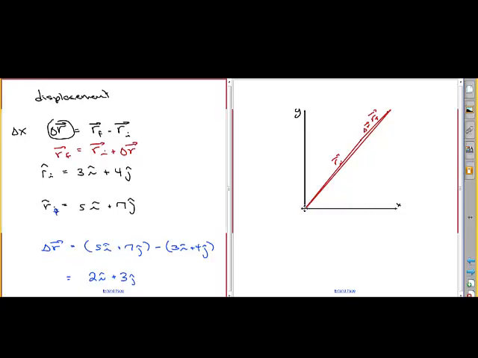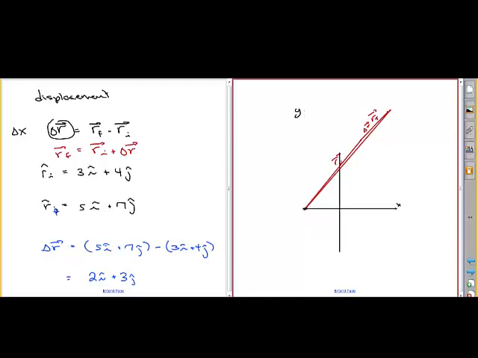Again, it may not appear this way, but the origin is completely arbitrary when you're talking about changes in position, which is displacement. The change in position is irrespective of where you define your coordinate system. R sub f and R sub i are going to be dependent upon the origin, but the change is not going to be dependent upon that.